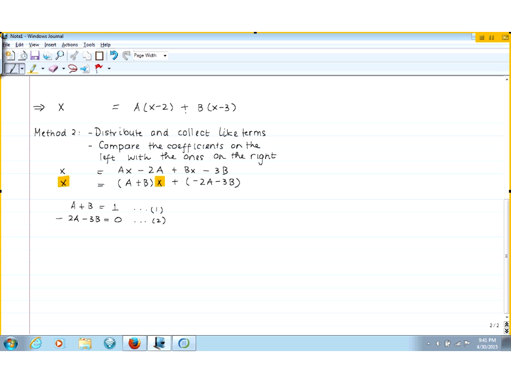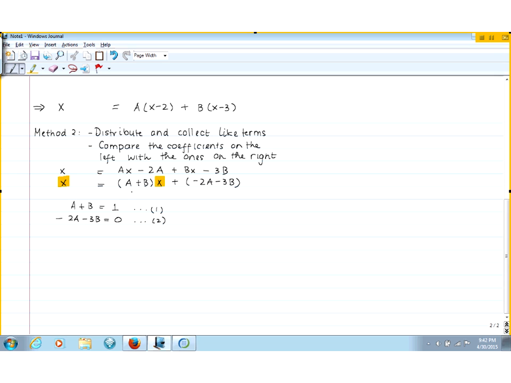What I'd like you to understand is that we distribute the a and the b, and the other step is to compare the coefficients on the left with the ones on the right. So we end up having 2 or more equations. Here I have the x term on the left and on the right.